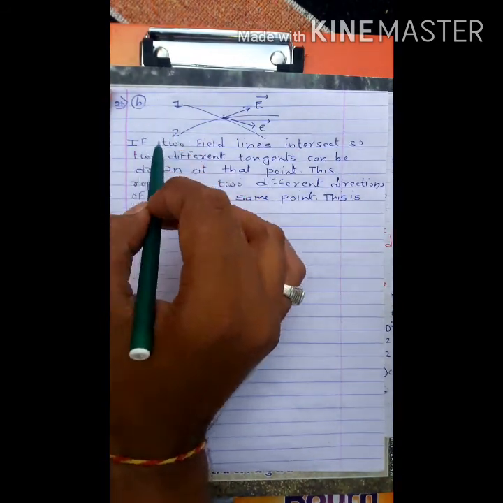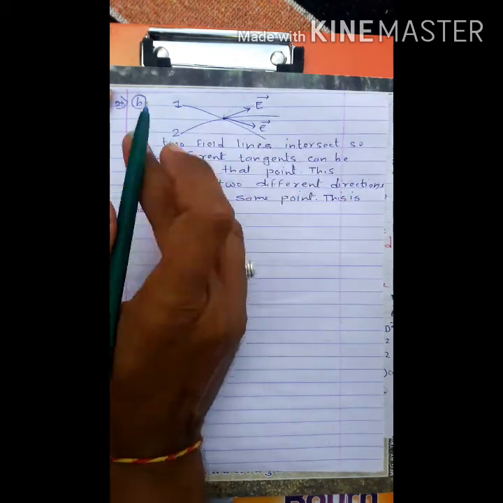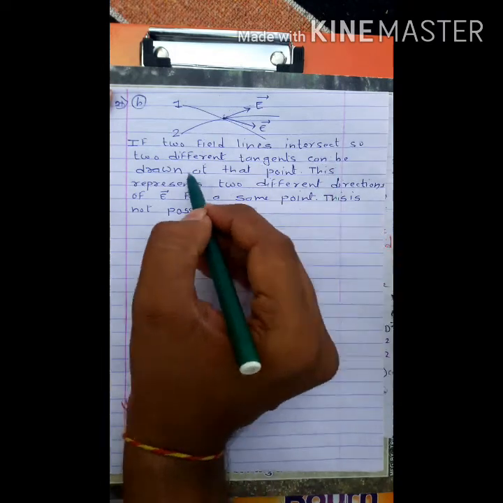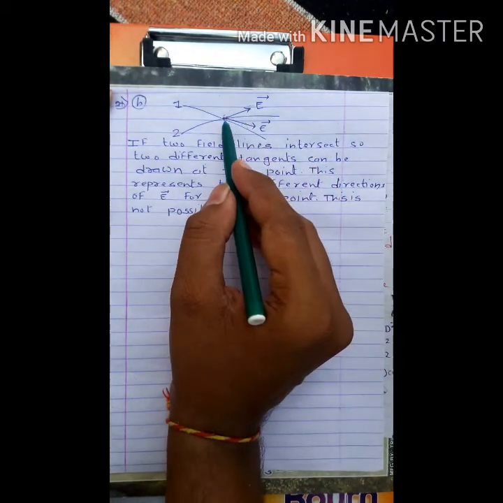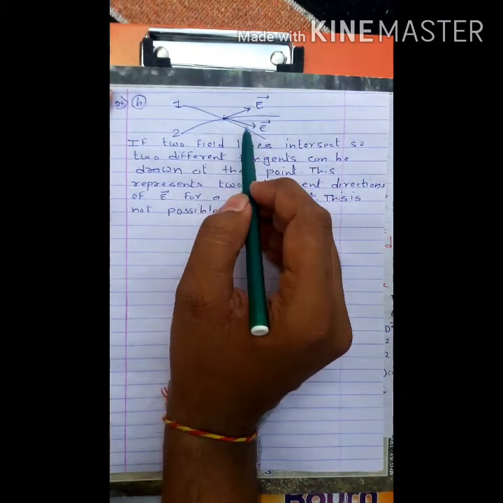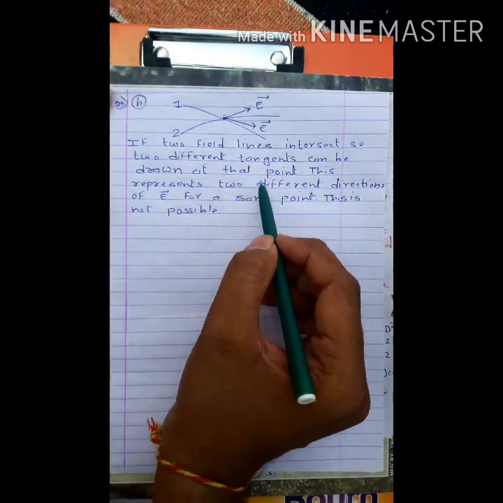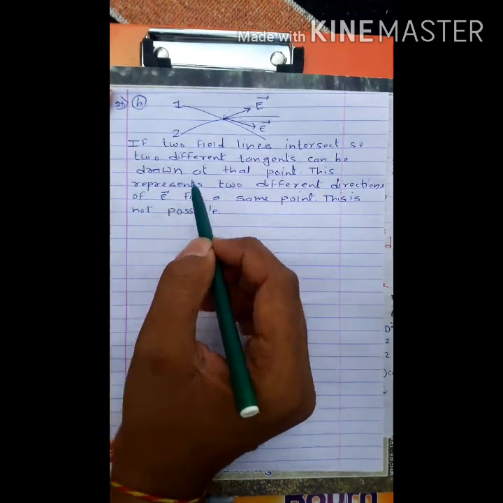Now the solution of this question is, if two field lines intersect, then two different tangents can be drawn at that point. See this figure very carefully. Here we consider two different tangents, means here we have two different directions of electric field.